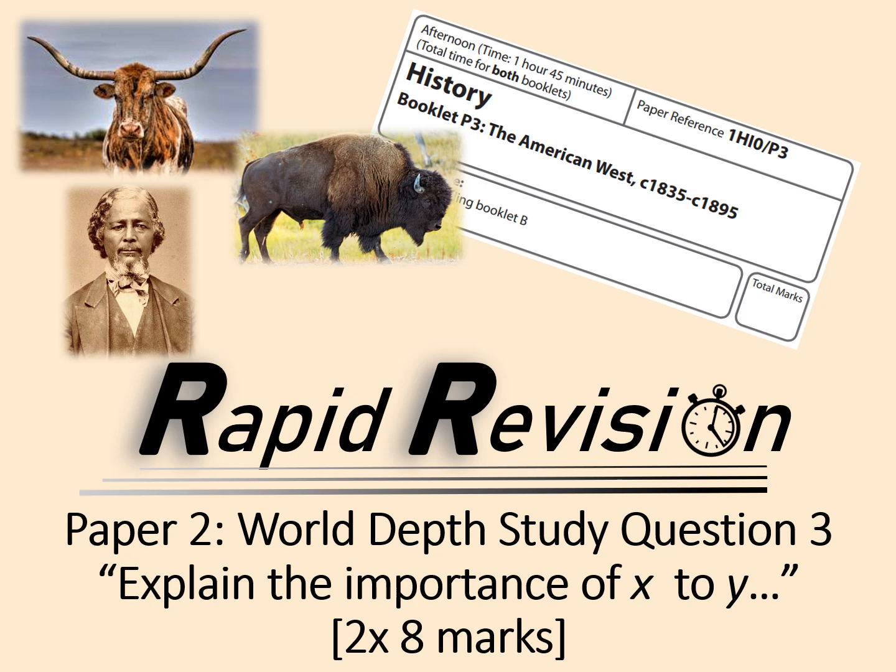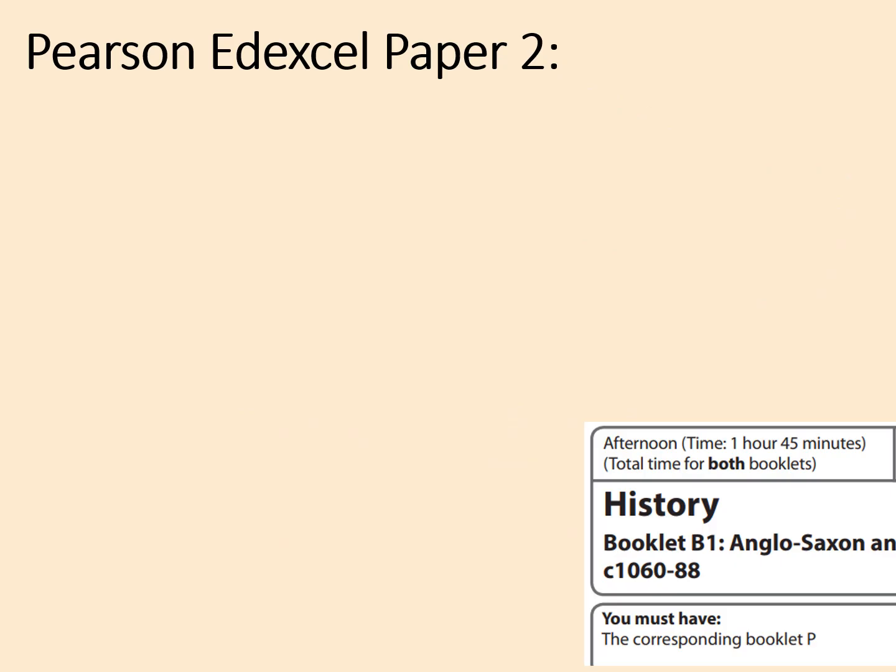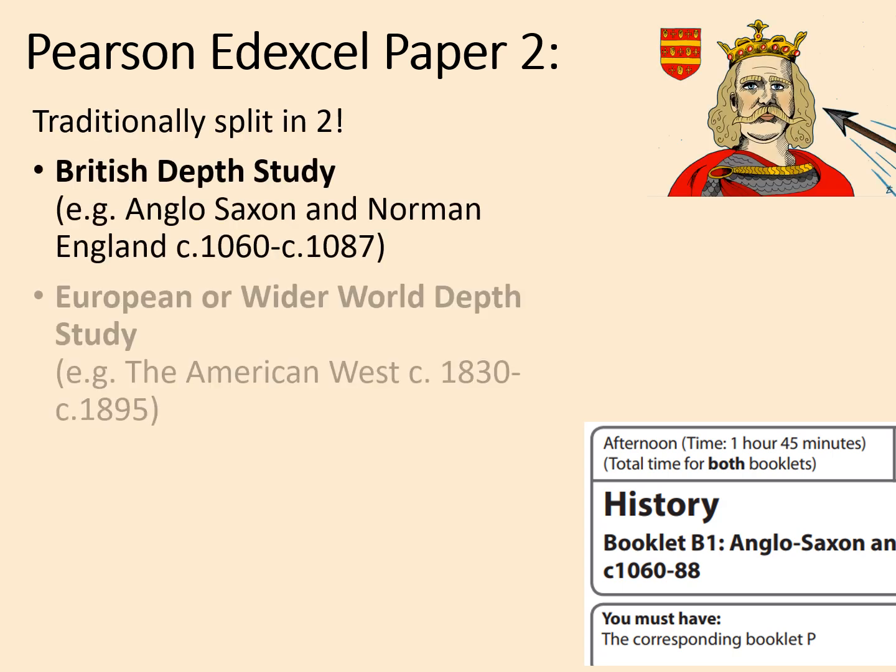Let's have a look at what Pearson Edexcel Paper 2 actually involves. Let's get a bit of background. Traditionally, this is split in two. One is a British depth study and the other is a European or wider world depth study. The topic that I teach is Anglo-Saxon and Norman England circa 1060 to circa 1087 and the American West 1830 to 1895 for the wider world depth study.